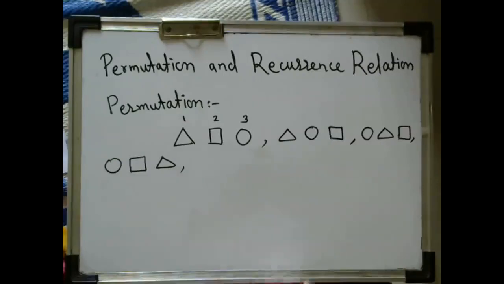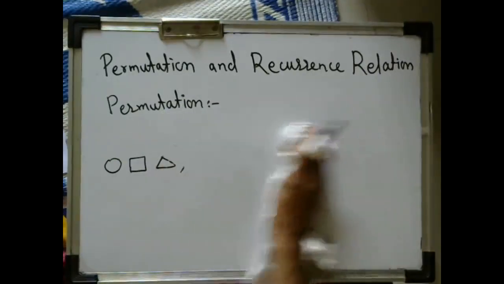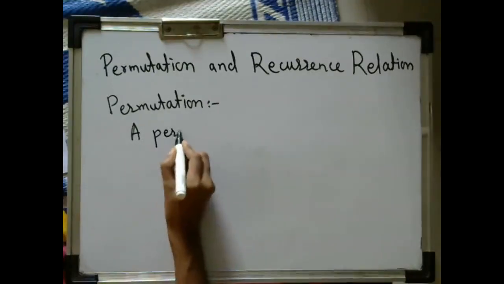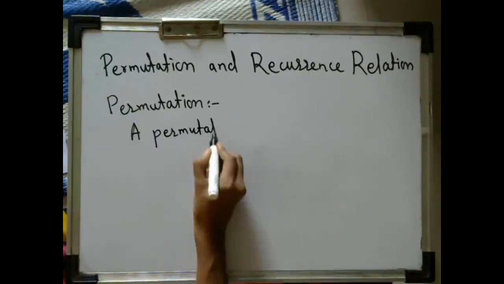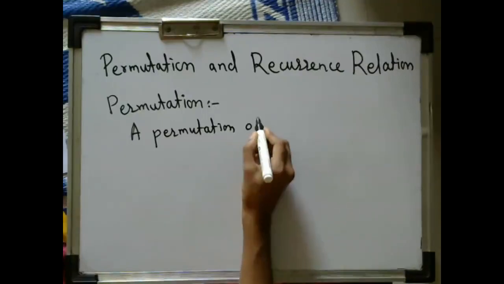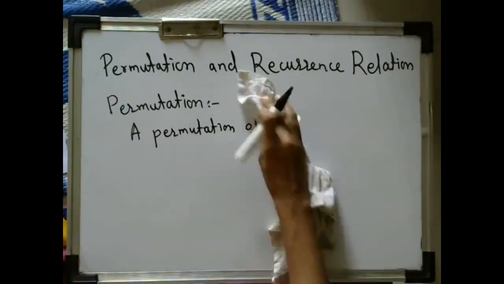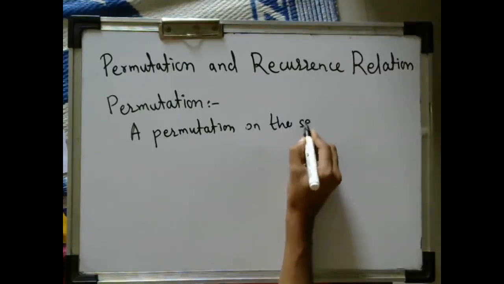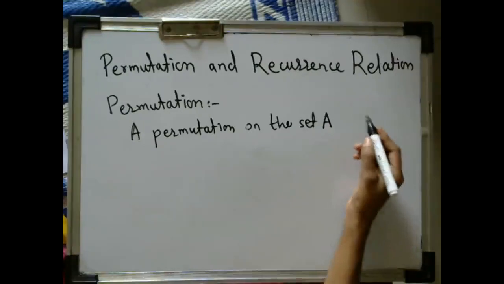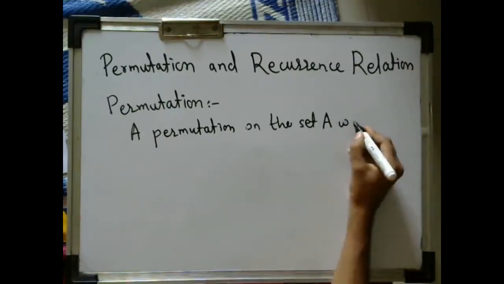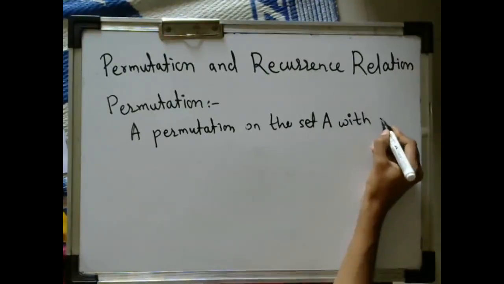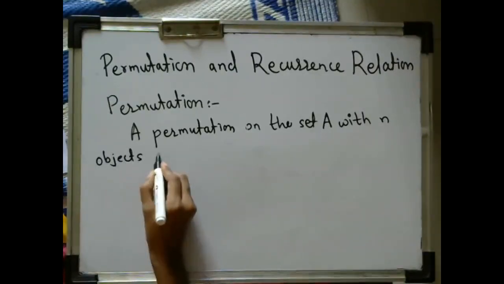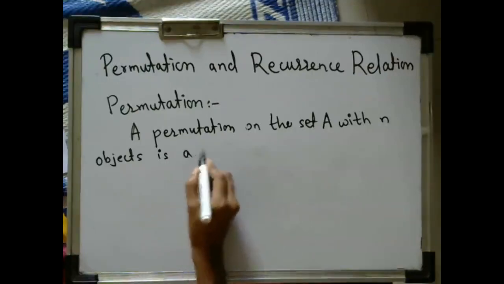So let us write the definition of permutation now. What is a permutation? A permutation on the set A, where A is a set with n objects or n symbols, is a bijection.